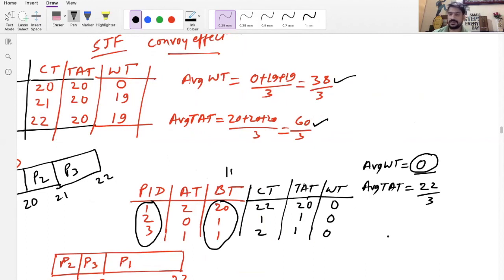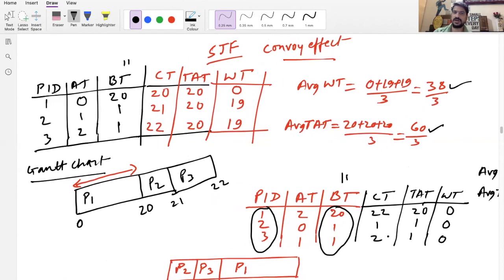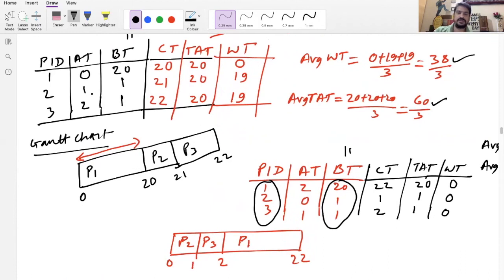Because we have some scenarios where the arrival time is different, and let's say the longer process gets into the system previous to the shorter process, so the shorter process is again going to suffer. To solve these types of problems, we have a solution which is called shortest remaining time first.